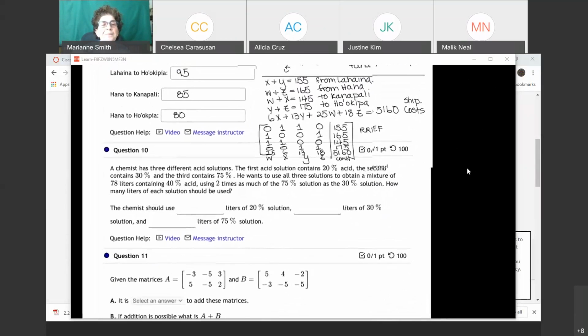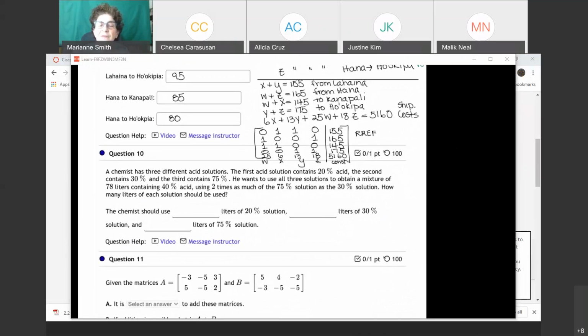A chemist has 3 different acid solutions, and they're all at different dilution levels. The first solution is 20% acid, the second is 30, and the third is 75% of whatever. We're assuming the rest of it is in some kind of a solvent, usually water.